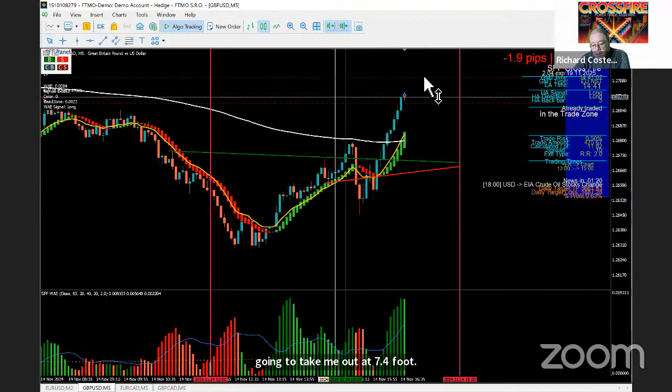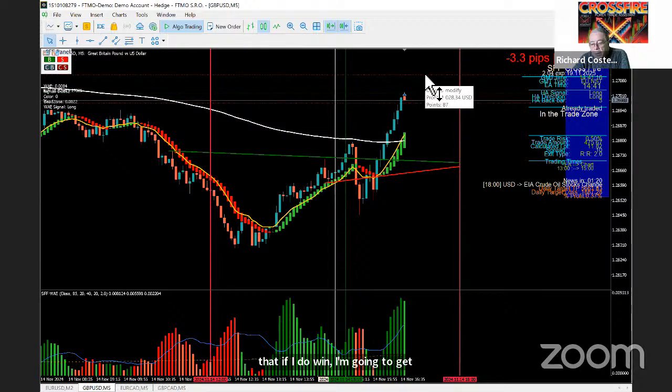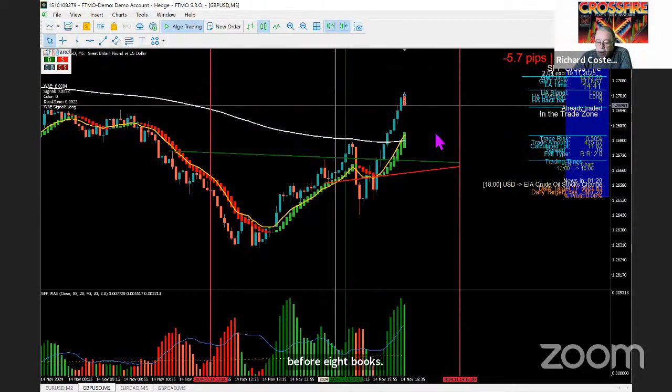I know Oliver's tinkering with that, so I'm going to move that up so that if I do win, I'm going to get a full 8 pips, like the 8.7 pips up there. And it's just taken me out. It's come back to my stop loss.